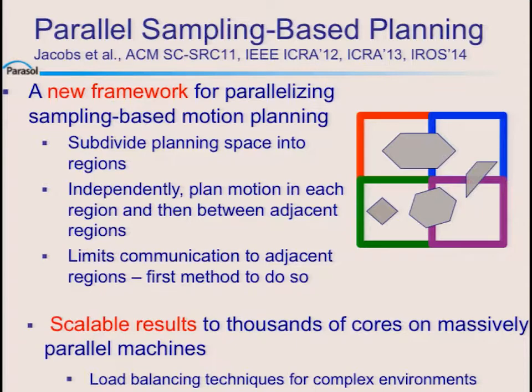This allows us to limit the communication, which we need to manage well in a parallel method, to just the adjacent regions and not the entire space, which was one of the scalability issues of previous parallel methods. My former student, Sam Jacobs, who's also here and has a paper at IROS, did this as part of his thesis work.